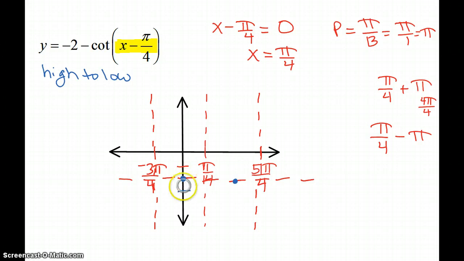So I'm going to go this side, 1 down, this side, 1 up, and draw my graph. And then the same thing on this side. I'm going to go 1 below, 1 up, and then draw my graph.